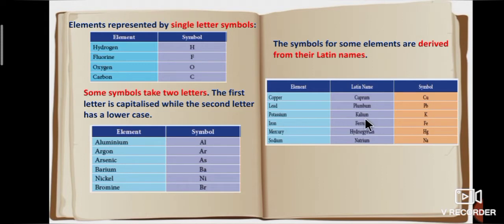Potassium's Latin name is kalium, represented by capital K. Iron's Latin name is ferrum, so the symbol is capital F and small e. Mercury's Latin name is hydrargyrum, so the symbol is capital H and small g. Sodium's Latin name is natrium, so capital N and small a.